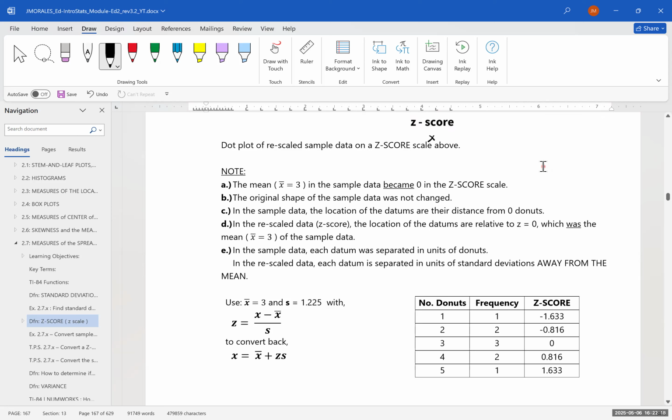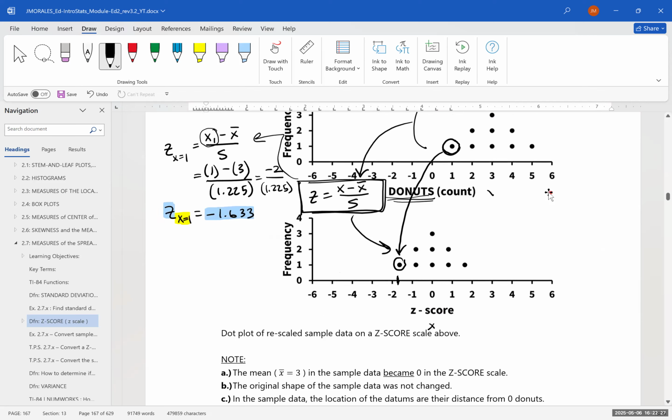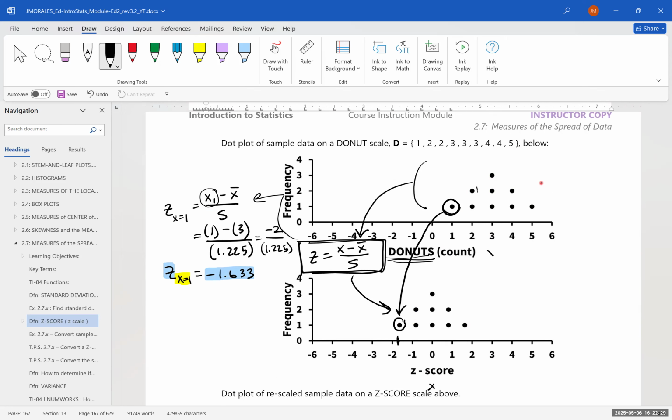On the calculator, 2 donuts translates to a negative 0.816, just short of negative 1.